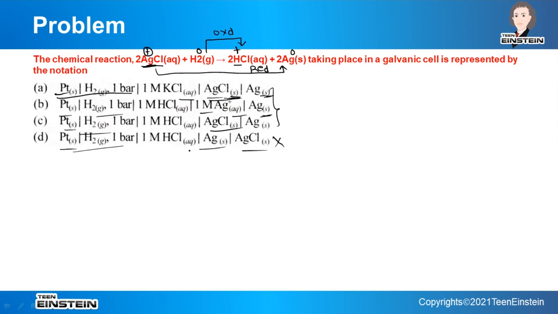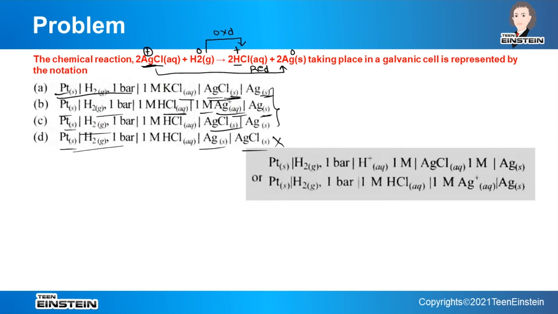And you can also write it in this way, as here HCl aqueous is present. So if it is written as AgCl, then also it is fine, because the Cl minus is written here separately. So it is a correct expression, but there may be another expression which will also be correct.